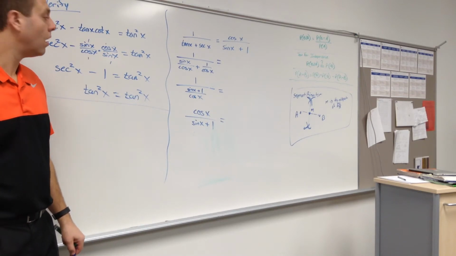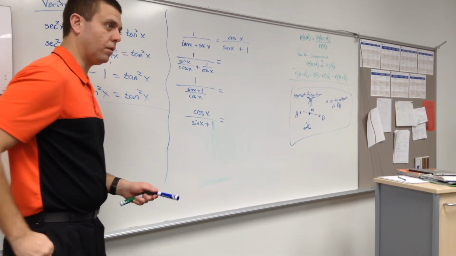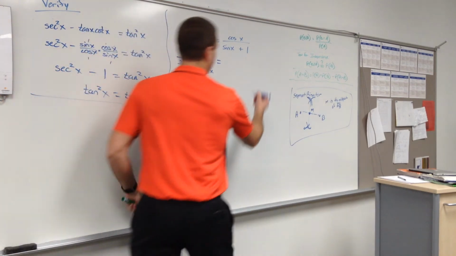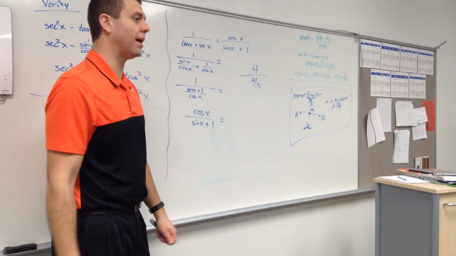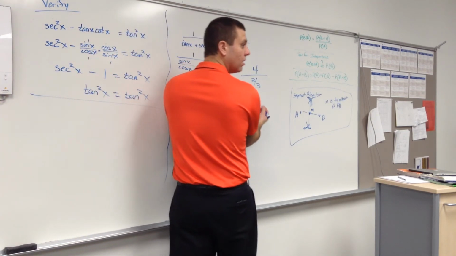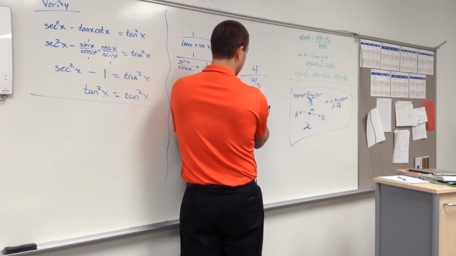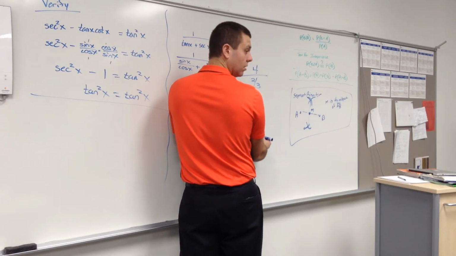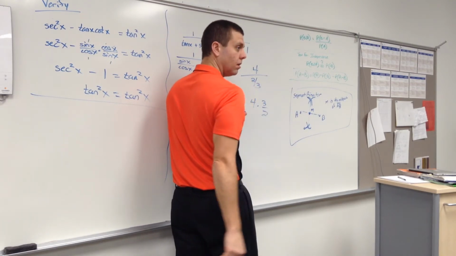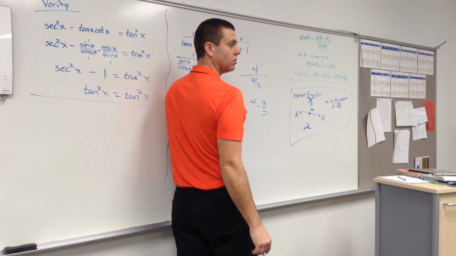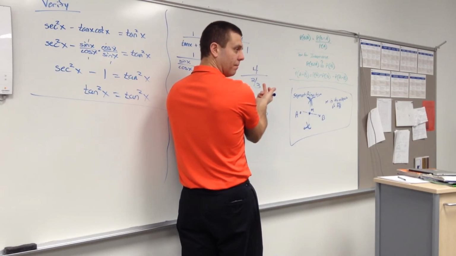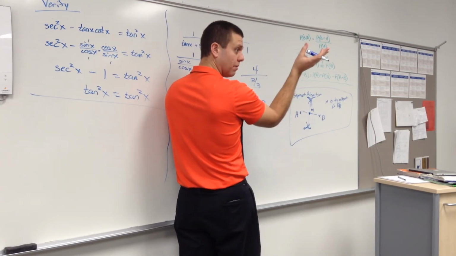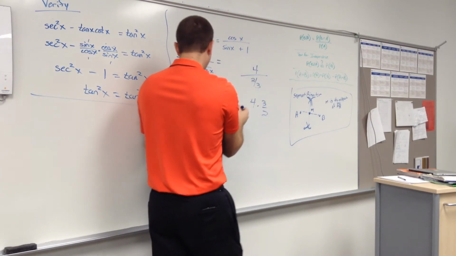You multiply the top and the bottom by the... No, no, no. How do you do this? How do you take 4 and divide it by 2/3? What would you write? Anybody? 4 times 3 over 2. Okay, that's how you divide fractions. You take what's on top and you multiply it by the reciprocal of the bottom. Keep, change, flip, is that what you learned? So that's all I'm doing right here.